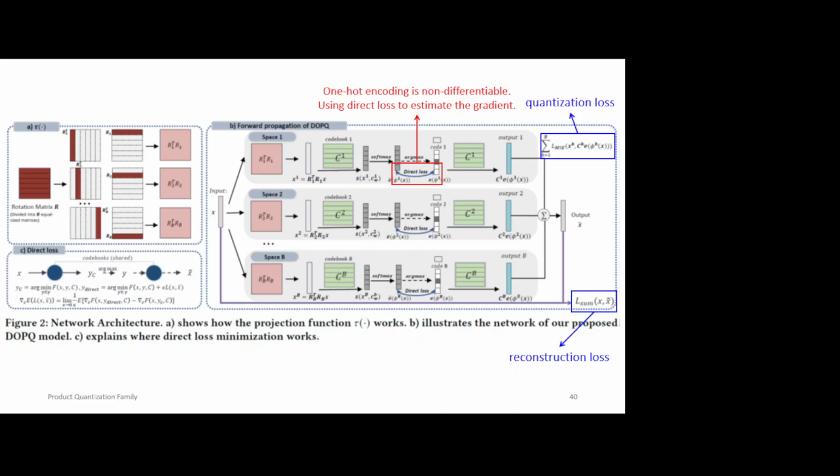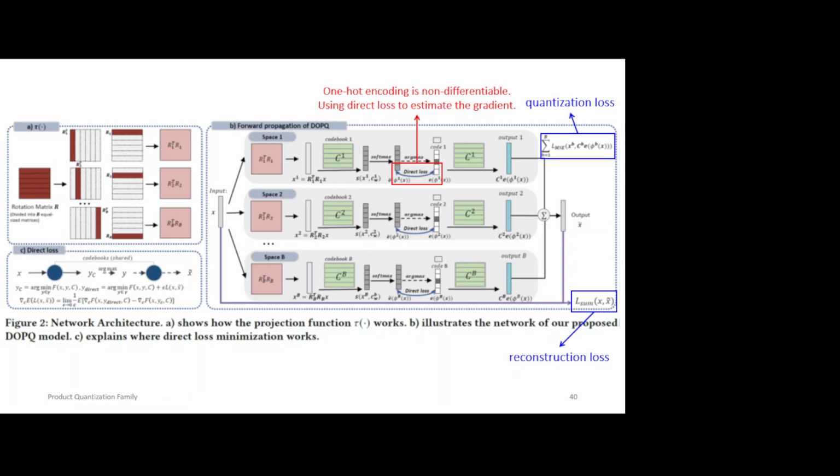Given your rotation matrix R, I will divide it into B segments. Each segment, I will multiply with its transpose to generate a rotation matrix. Remember the rotation matrix just rotates your vector. So here I divided it into B parts, so that I can use this technique to generate B rotation matrices.